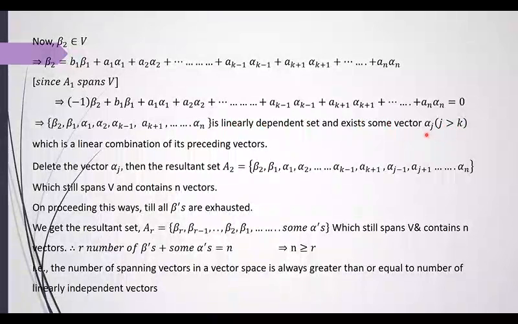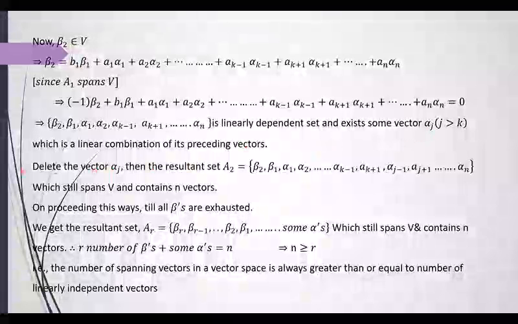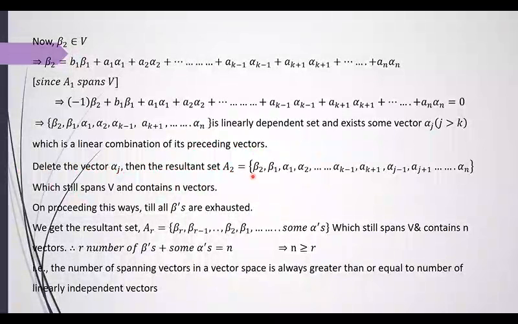After alpha k, we are selecting alpha j, which is a linear combination of its preceding vectors. So delete that vector alpha j. The resultant set will be A2 equals beta 2, beta 1, alpha 2, up to alpha k minus 1, alpha k plus 1, and so on, up to alpha j minus 1, alpha j plus 1, up to alpha n. We have deleted alpha j. Here also we have n vectors, which still span V.